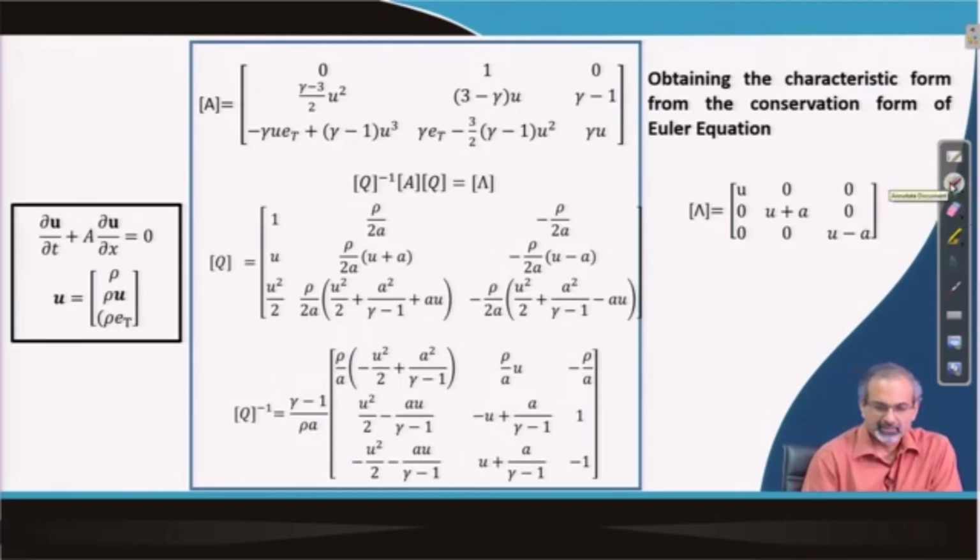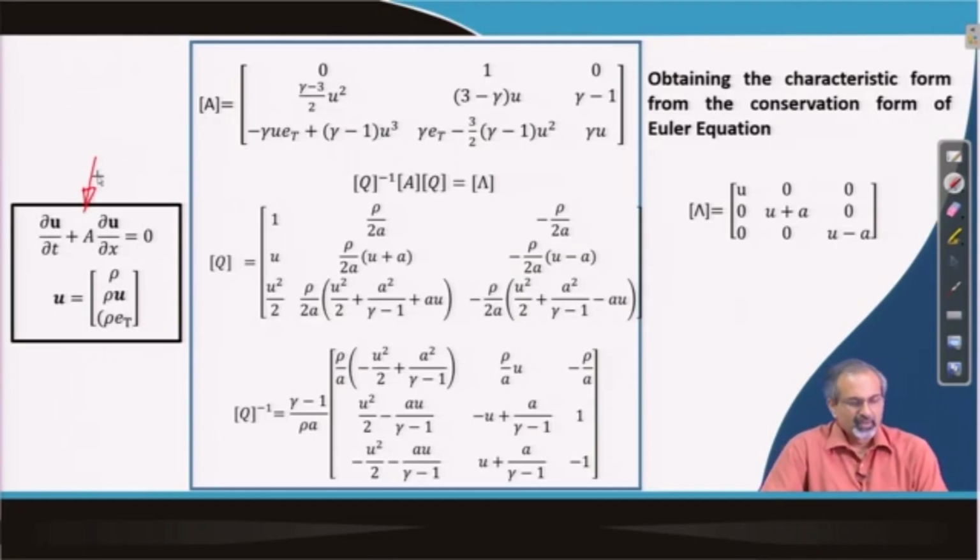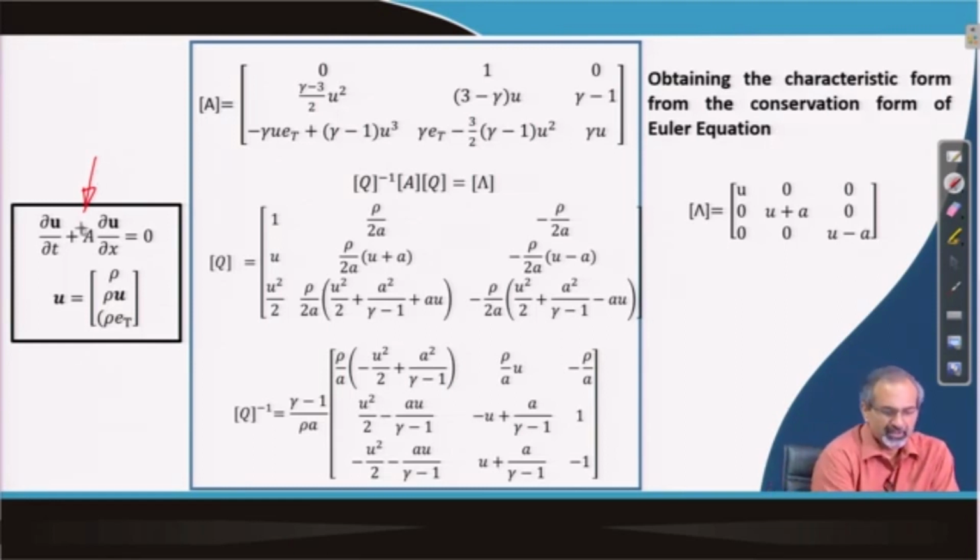So, let us see where we stand at this point. We had shown how the vector model equation can be expressed from the conservative form to the non-conservative form involving the Jacobian matrix. This should be lower case.